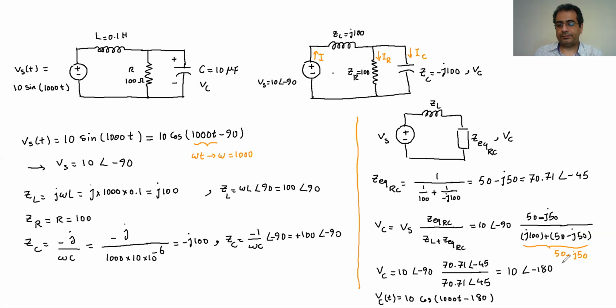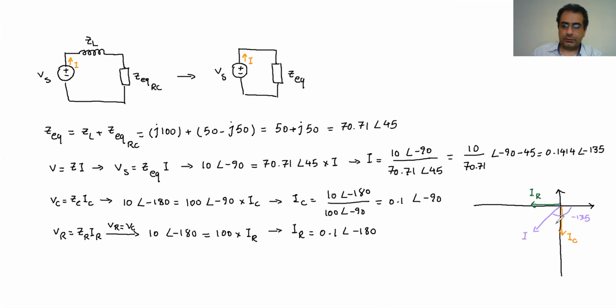So let's draw the VS as well. The VS is also going downward because it's a negative 90 as well. So it's going to be somewhere here, and it's going to be the VS. So you can see how these three are located with respect to each other in the phasor format.